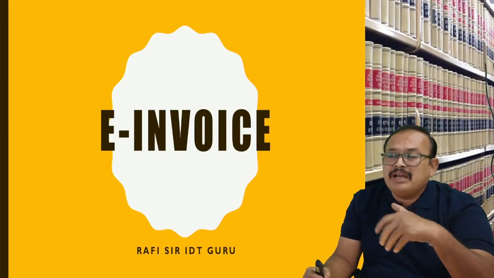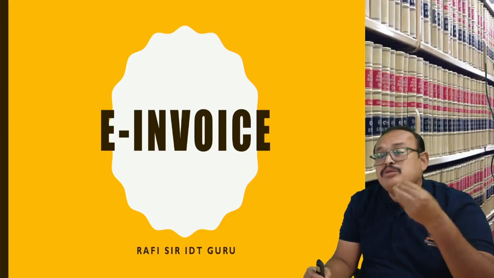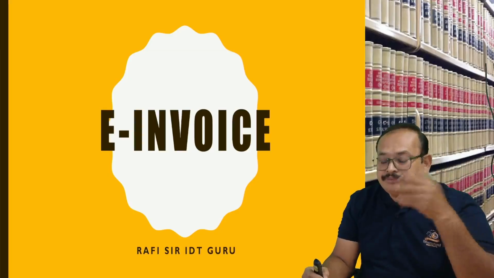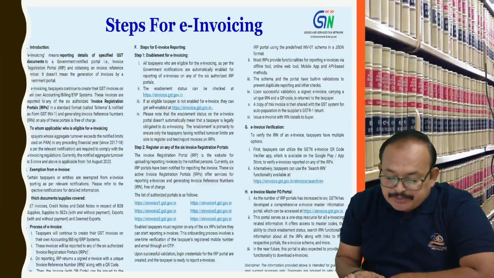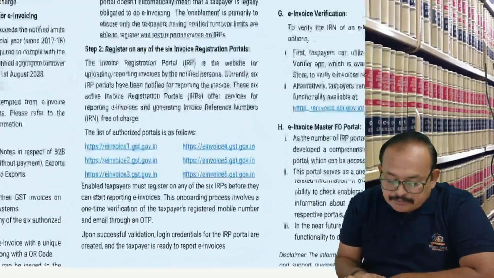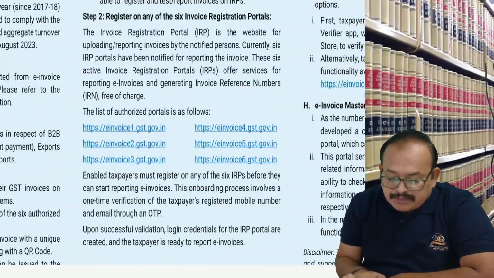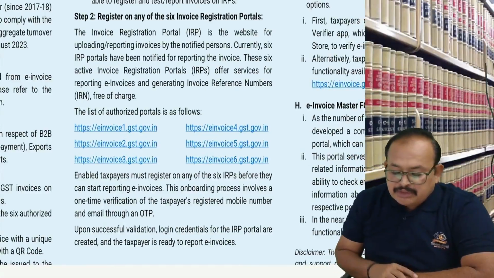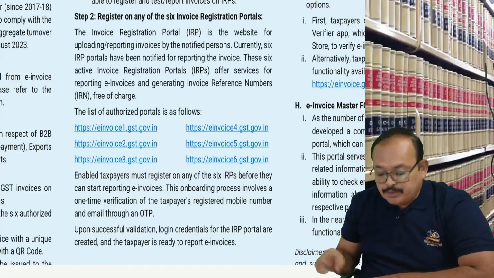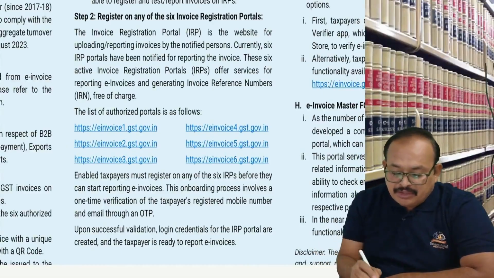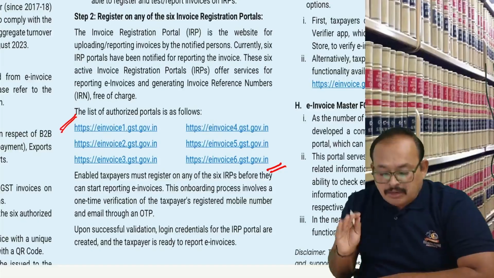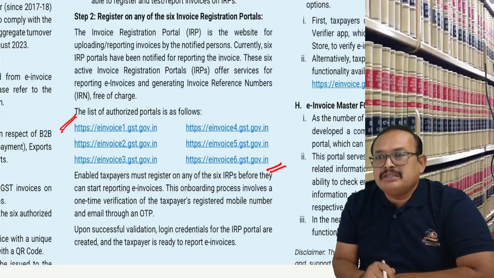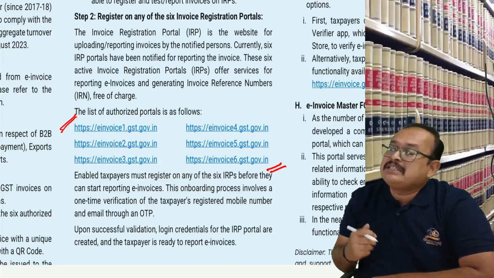If e-invoice is mandatory, where to generate the e-invoice? Look here. Here we have the portals. There are 6 portals, e-invoice 1, 2, 3, like that up to 6, in the given case from here to here. It is a government portal, gst.gov.in, invoice 1, 2, 3, 4, 5. Why these 6 portals?